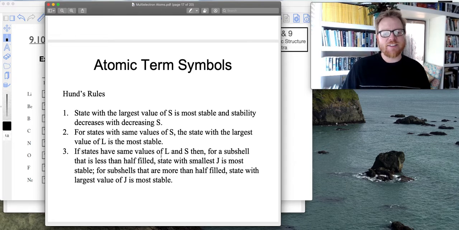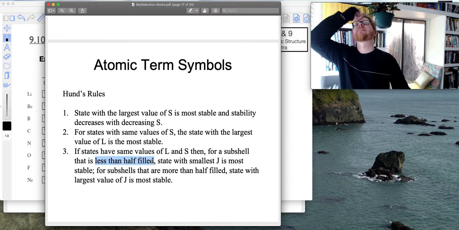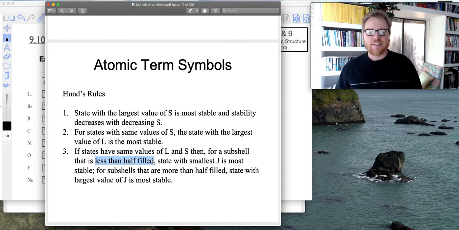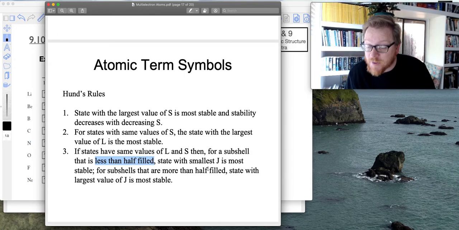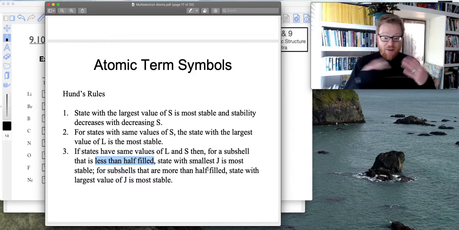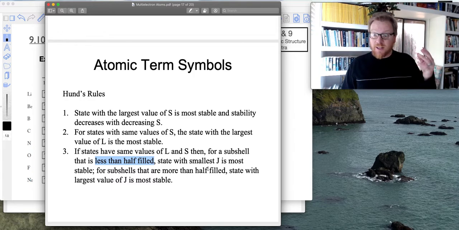So if states have the same value of L and S, then for a subshell that is less than half filled, we've got to think about this, the state with the smallest J is the most stable. And I already gave you an example of that, the sodium doublet lines.